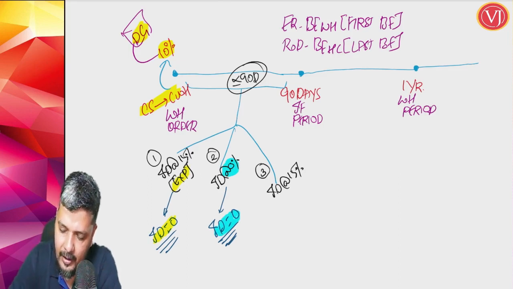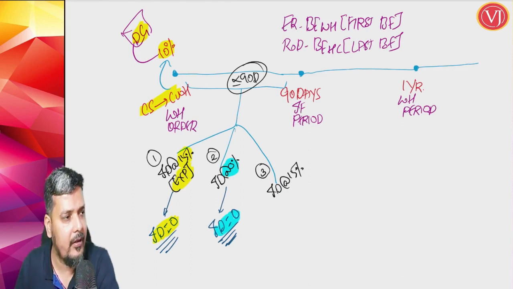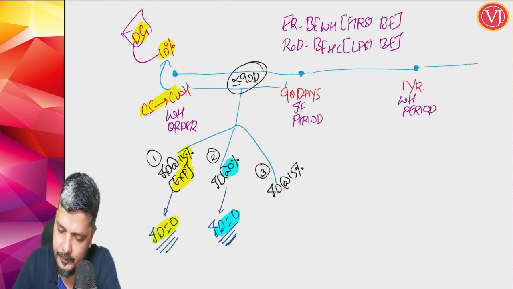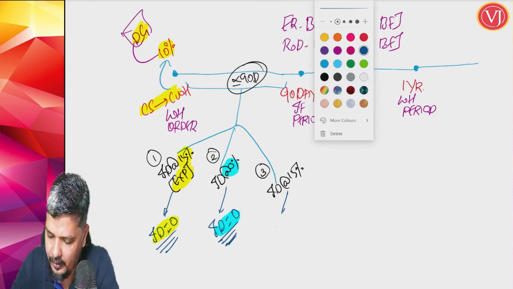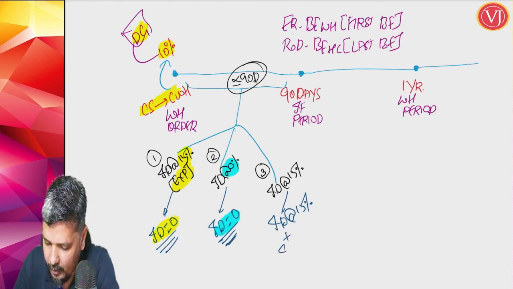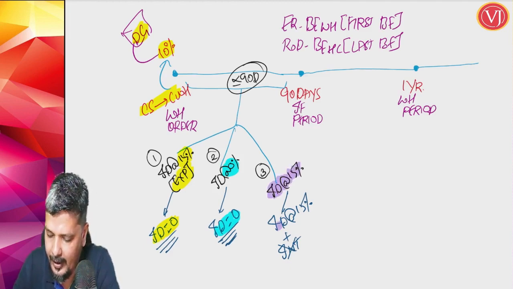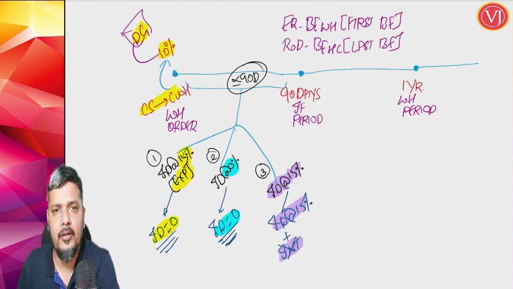In the first case, import duty rate was 15%, but you are exporting it, therefore import duty is 0. Third case, you have to pay import duty at 15%. Though you are going to pay import duty, you are not going to pay interest. Why? It is within 90 days.